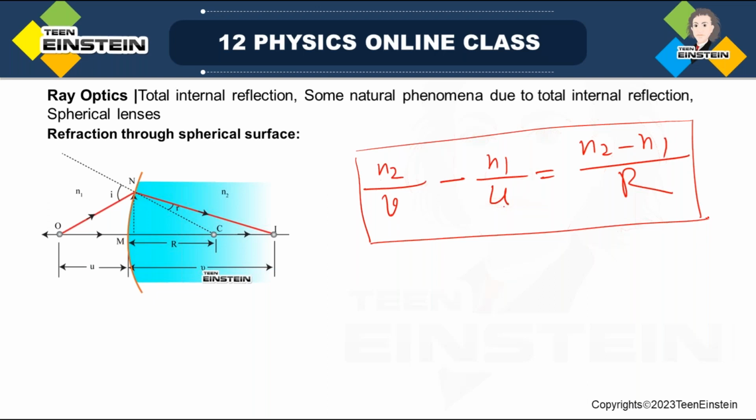Okay, so suppose the first medium is air, then this n1 will be 1, isn't it? So n2, let us say, is becoming n. Okay, let me just write it here. So n1 will be air, and this is n2 minus 1 by r.